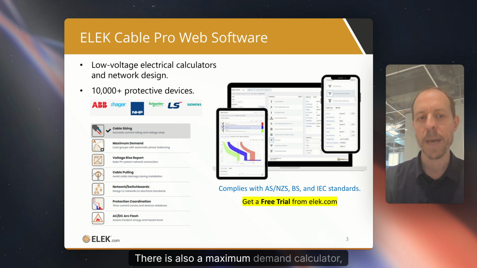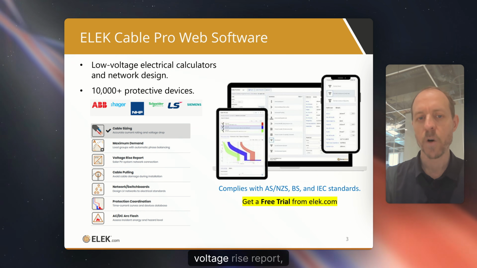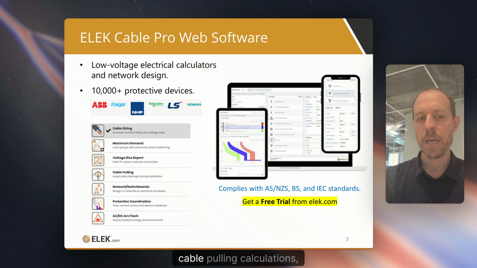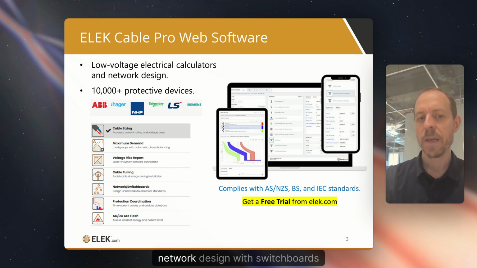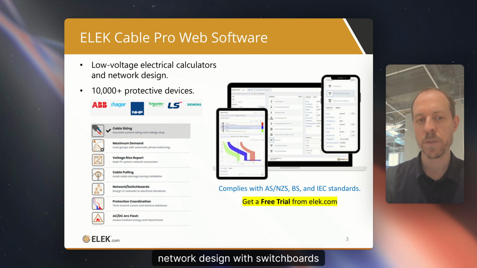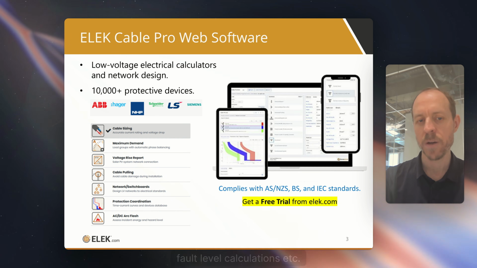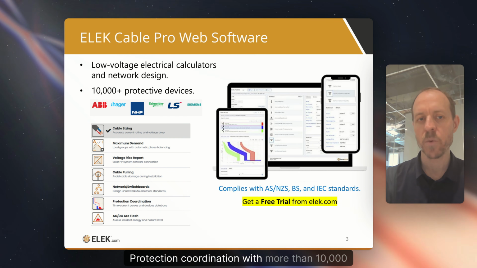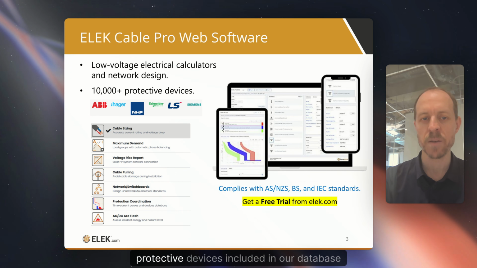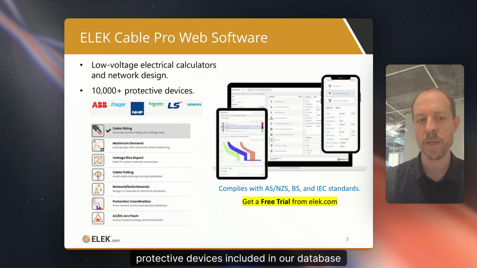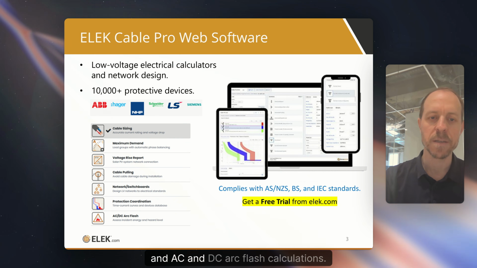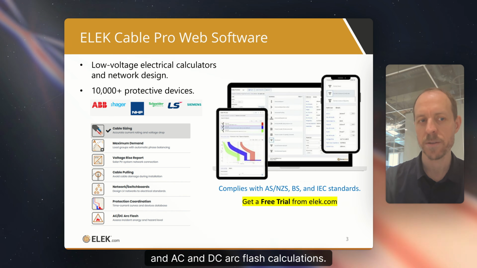There is also a maximum demand calculator, voltage rise report, cable pulling calculations, network design with switchboards, including fault level calculations, etc. Protection coordination with more than 10,000 protective devices included in our database, and AC and DC arc flash calculations.